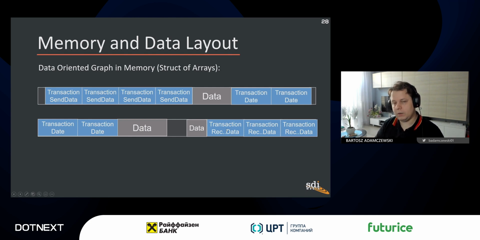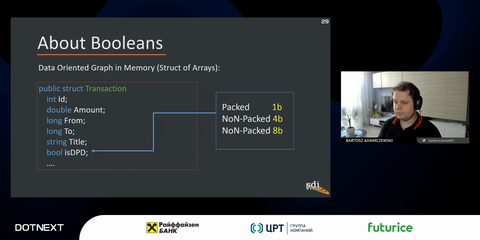And if we're interested in the whole object, which doesn't happen very frequently most of the time, well, we have this ID that I just showed you, and we can piece together the entire transaction. And that's how we apply the struct of arrays pattern here.